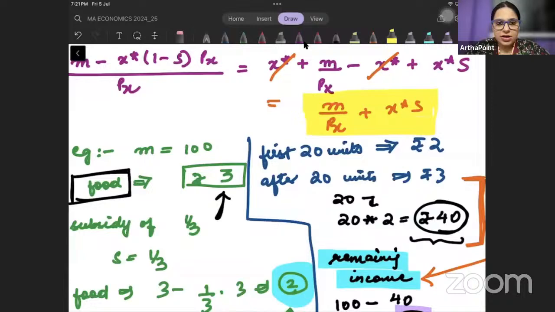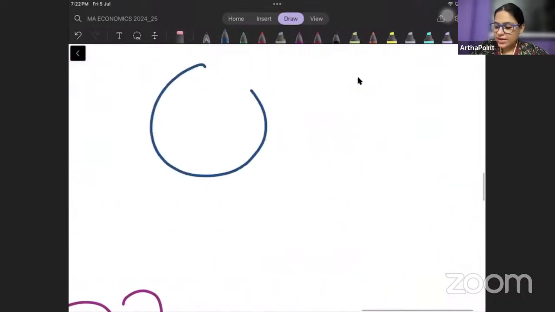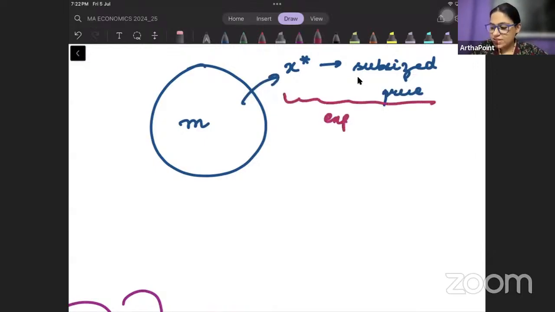It is not very difficult to understand. It is very, very simple to understand. So what are we saying? We have my entire income. First, I am purchasing X star units at a subsidized price. I have done some expenditure on these. Then I am finding my remaining income.